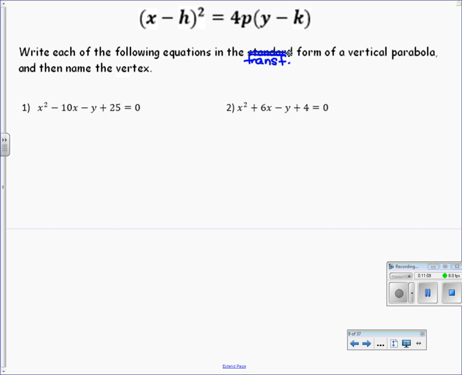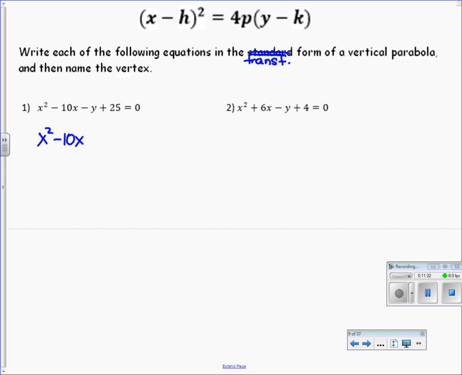Okay, so for example number 1, it's kind of like separating, you know, this goes over here to the left, this goes over here to the right. So we want to separate the x's and the y's. The x's are going to get shifted to the left, and the y's are going to get shifted to the right. So in order to do that, the x squared and the minus 10x, they're both x's.